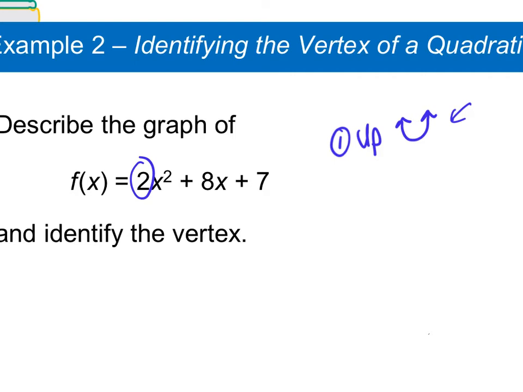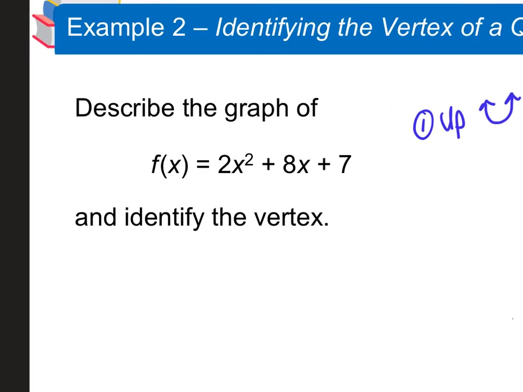But if I have to identify the vertex and it's written in standard form, I have to figure out what that vertex is. And you guys all know how to do this. Let me remind you. Does anybody remember this lovely little formula? If you were in Algebra 2 Honors, you better be saying, yes, of course.